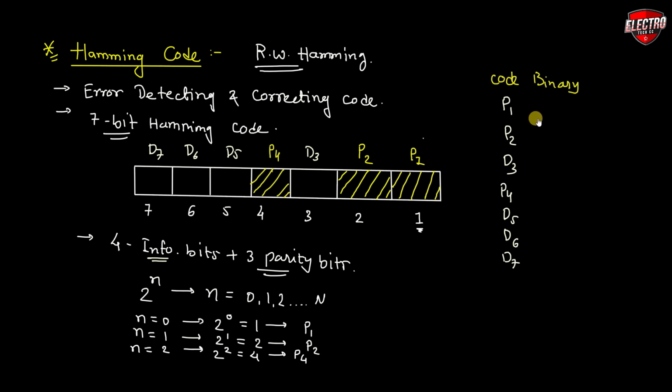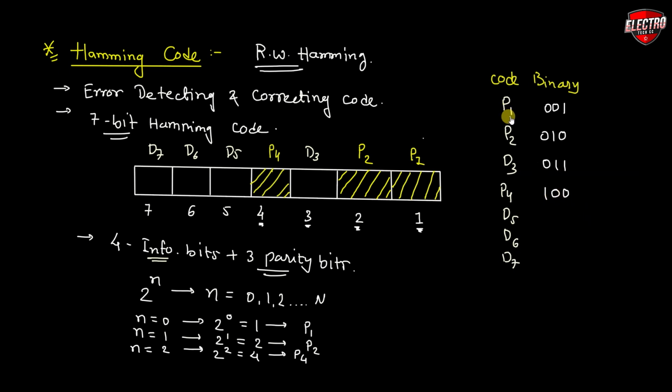Now if we convert this code into binary location numbers, the binary value for 1 is equal to 001. The binary location for parity bit 2 is given as 010. The binary location for the D3 bit is given as 011. The binary location for parity bit 4 is given as 100.